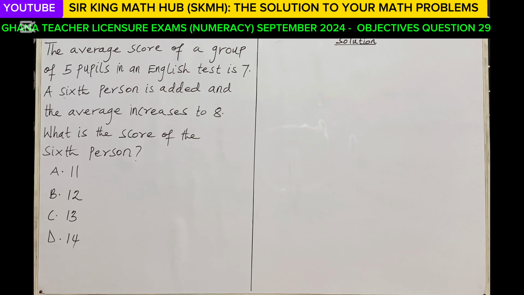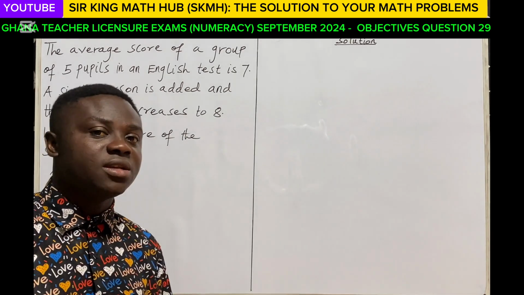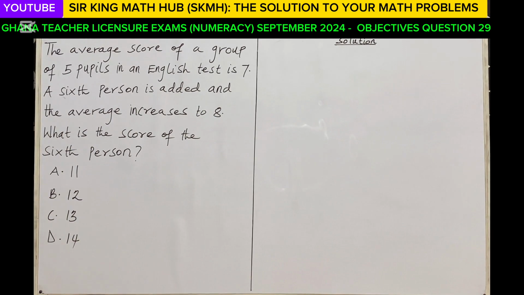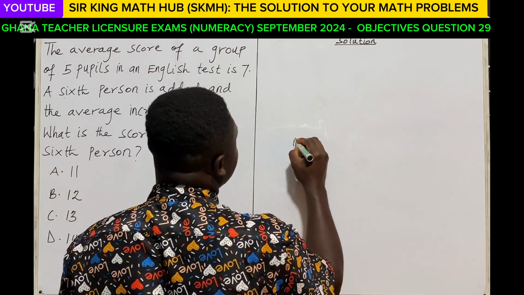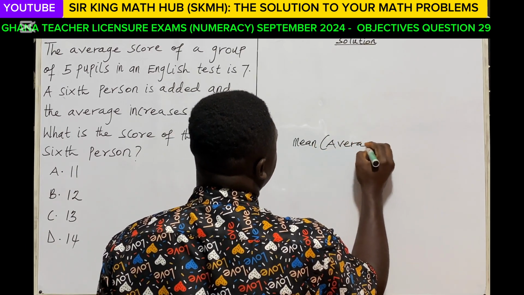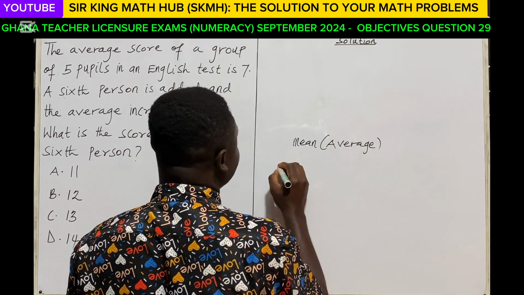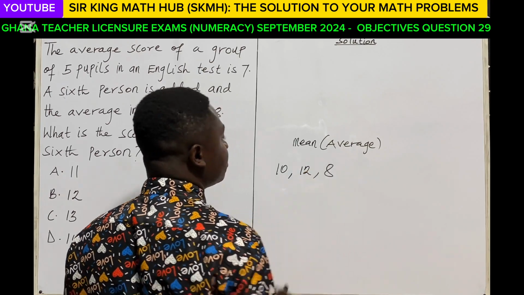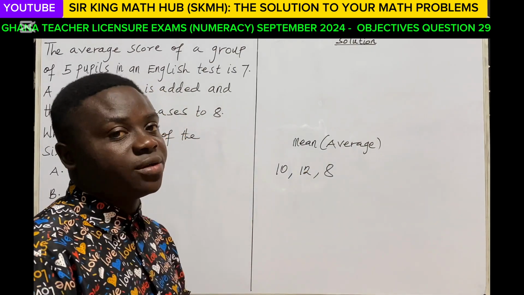Yes, mean. So before we even start solving this particular question, let's do a recall of mean. Remember that the mean is also the same as the average. So for example, if I ask you to find the mean, also known as the average, of these numbers, 10, 12, and then 8, how do we calculate the mean?